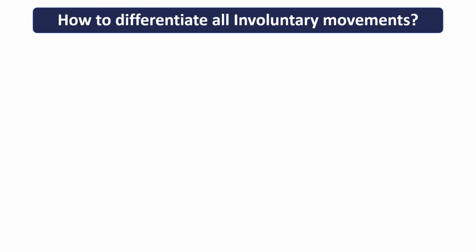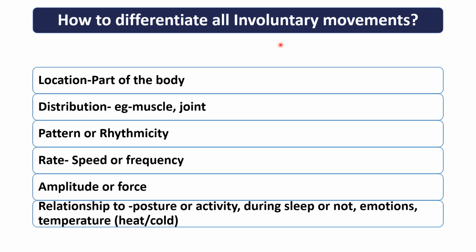Now the most important part of this presentation is how to differentiate all the involuntary movements. So whenever we are seeing a patient with an abnormal movement, we have to look at which part of the body is involved, so the location, then the distribution. Are the proximal muscles or joints involved, or the distal muscles or joints?